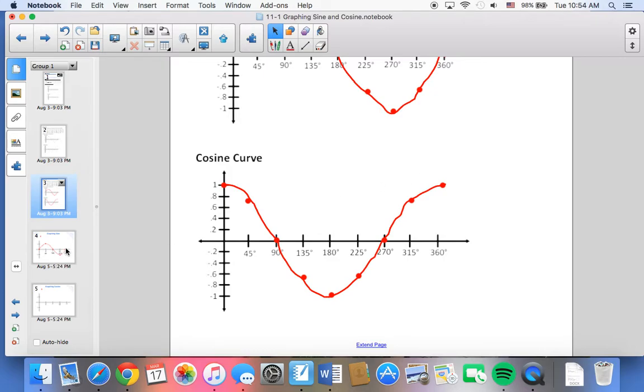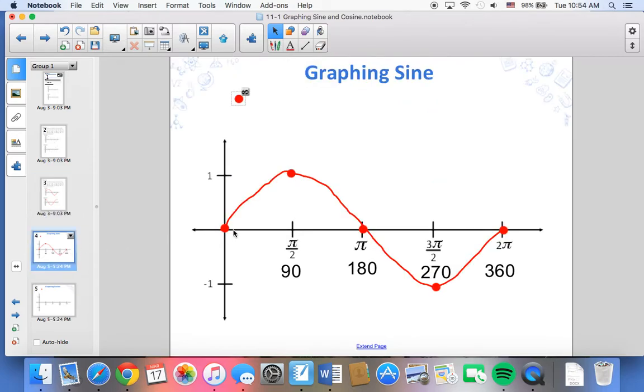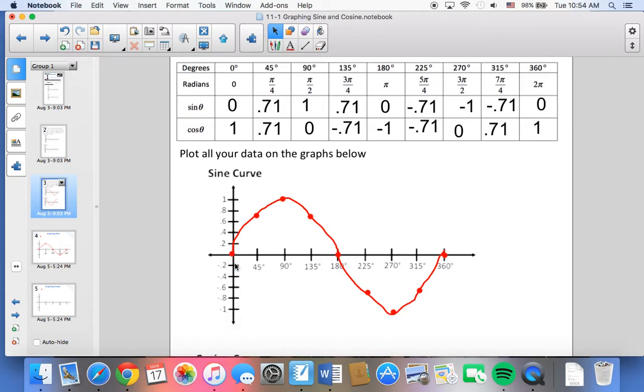Okay. So when we go to graph a basic sine curve, I already have mine graphed here, but I'll walk you through it. We basically graph 5 main points. This one we graphed 9 points just to really see what the curve looked like.